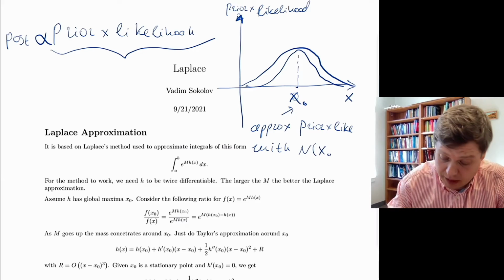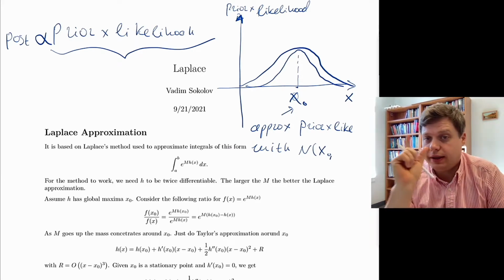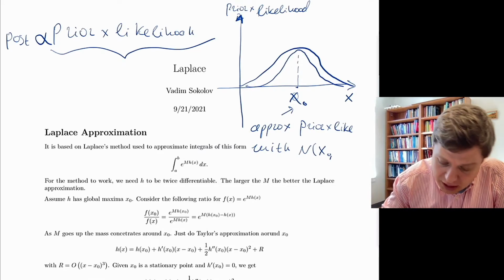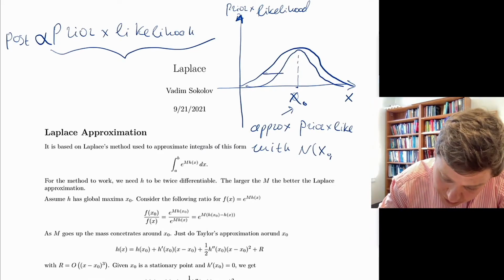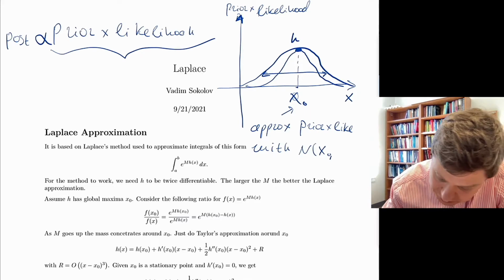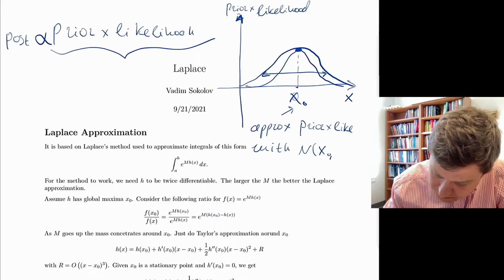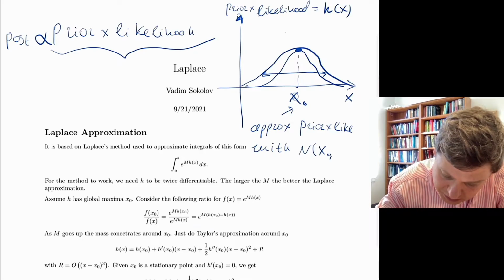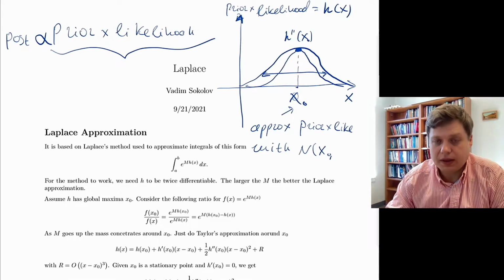And the next parameter that we need to calculate is the width, the variance of the bell curve. And the way we're going to approximate it, we're going to basically calculate the second derivative. So let's call this function h(x). So we're going to calculate the second derivative of h at x0.